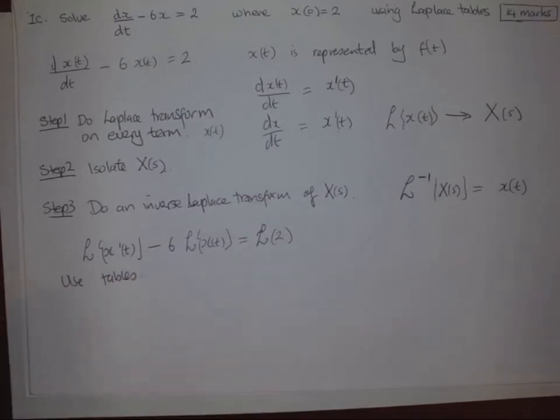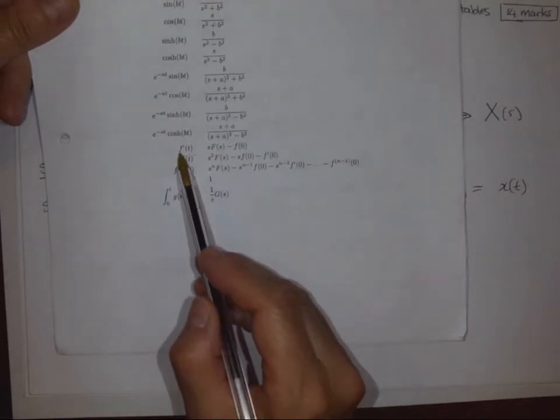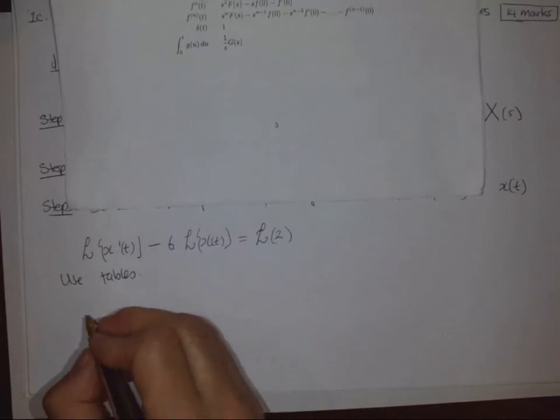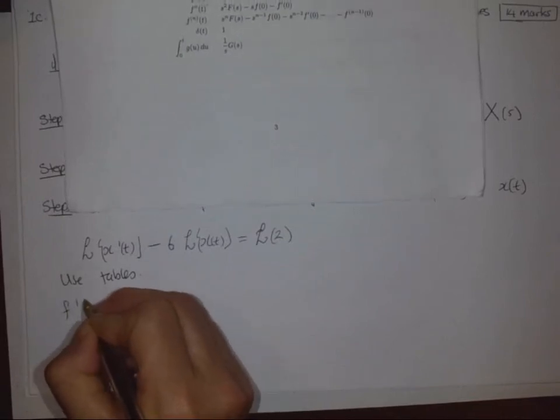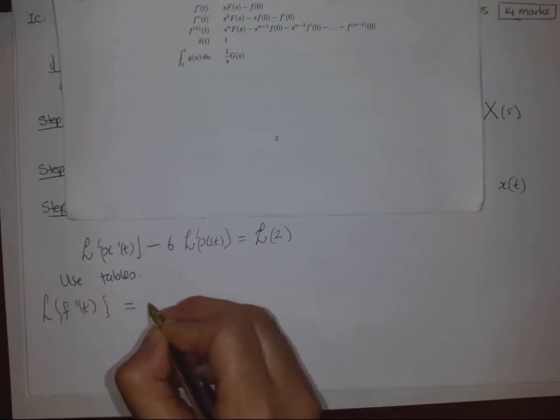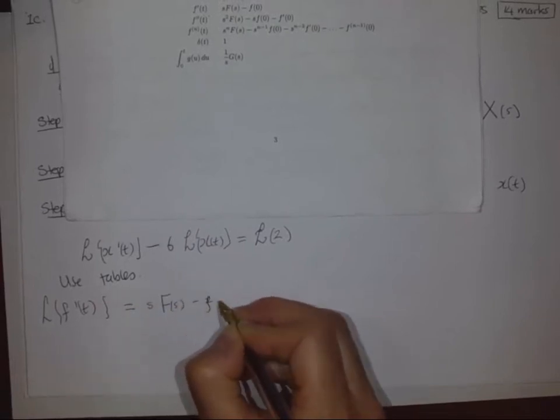According to the tables, the Laplace transform on f dash t is this. I'll write that down. So in the tables we have f dash t, we do a Laplace transform on it, and we will get little s capital F of s minus little f of 0.